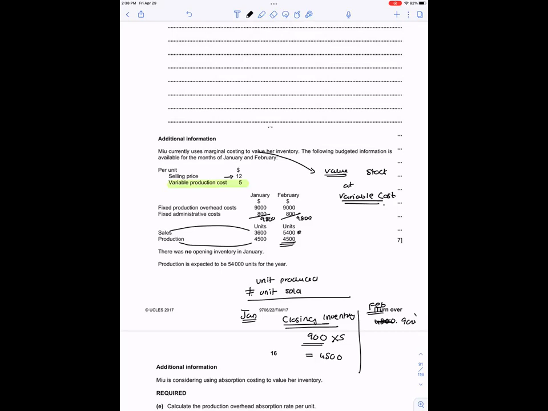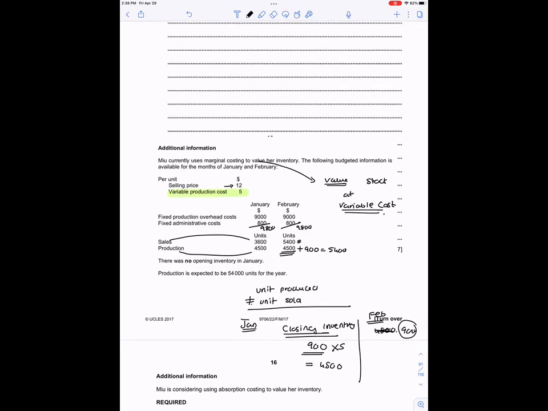That means you've also sold the opening inventory. 4,500 plus 900 is 5,400. Anybody has any doubts for this? No. No? Okay, I have read the question.